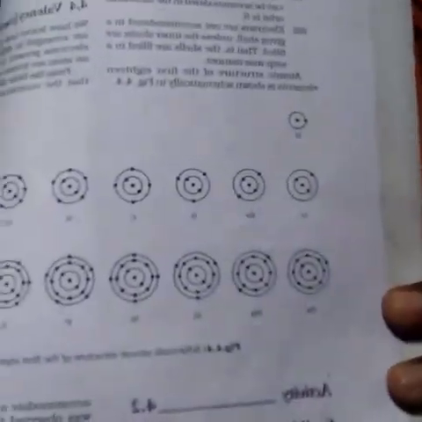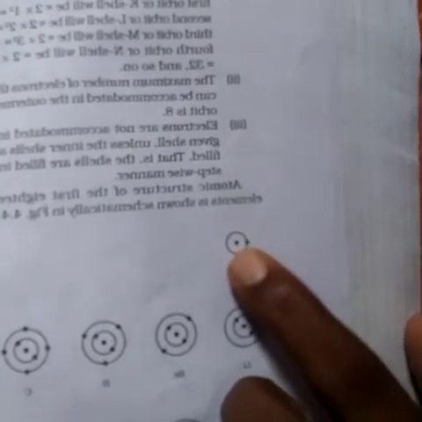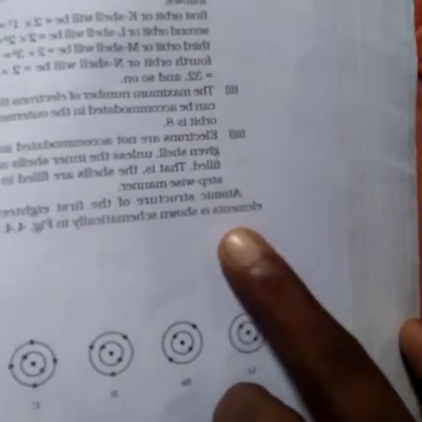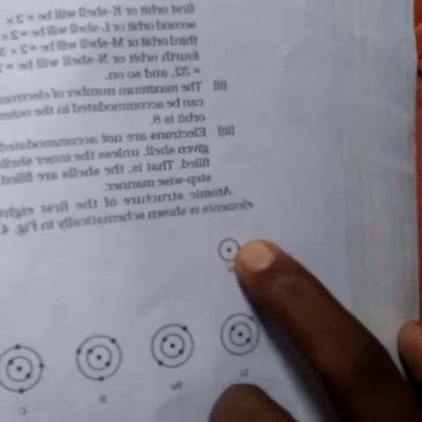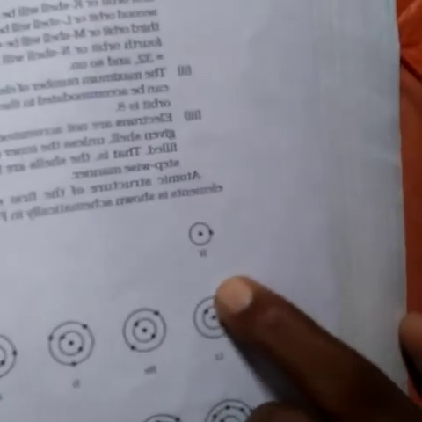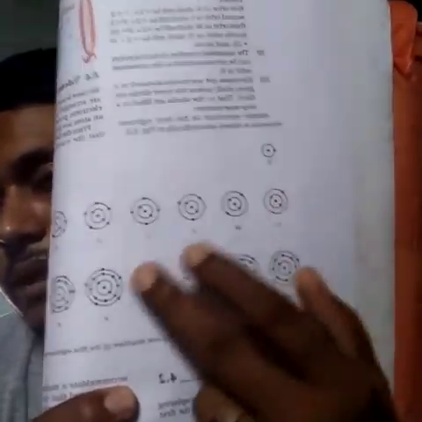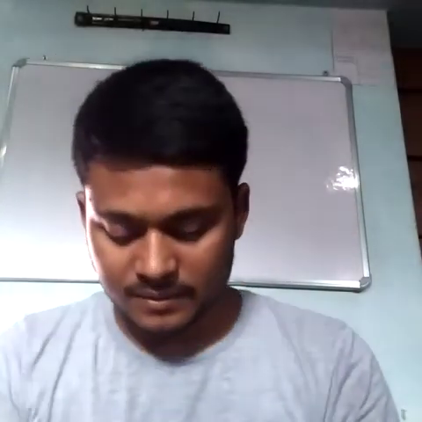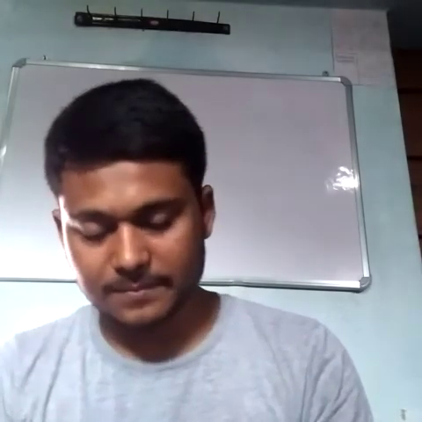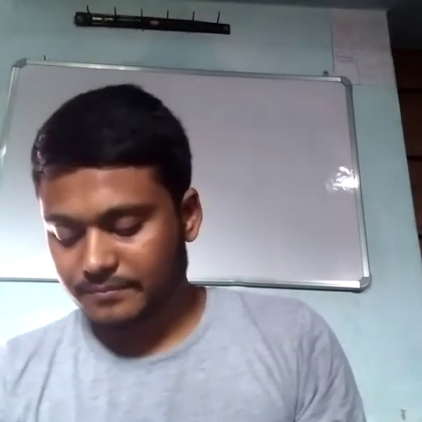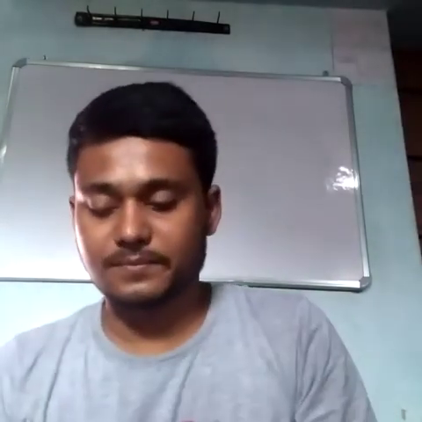See, if this is hydrogen, this is the nucleus of hydrogen, and this is the first cell, and the first cell consists of only 1 electron. 1, 2, 3 electrons, 1, 2, 3, 4, 5 electrons. In this way the first 18 elements are shown systematically with their electrons and their orbits.